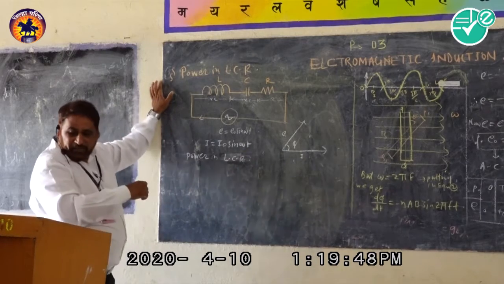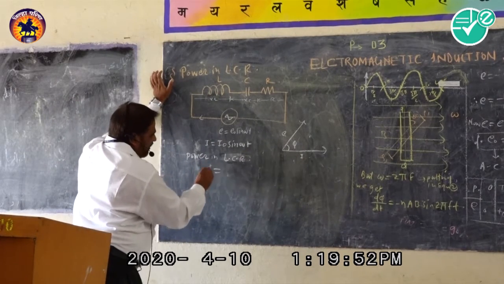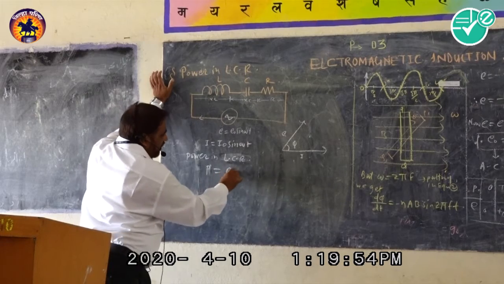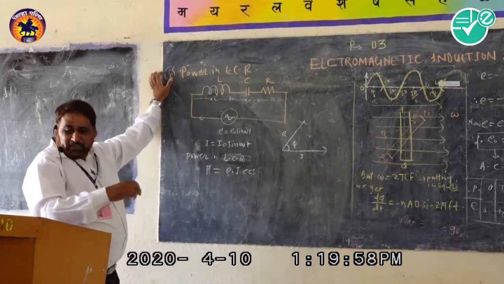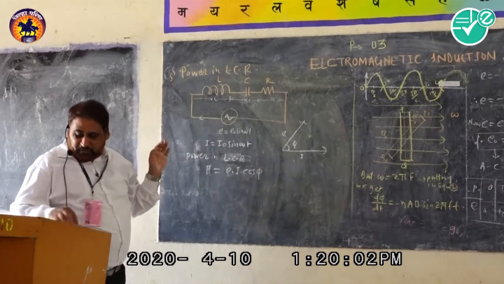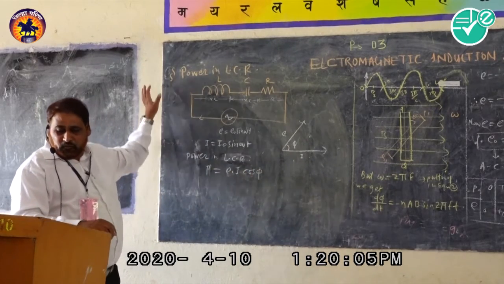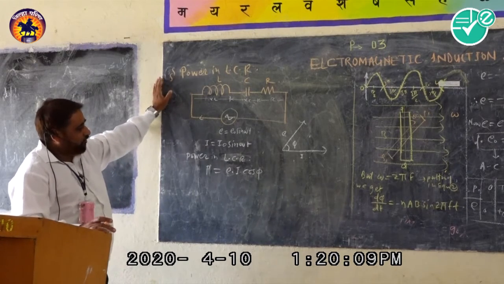It is given by P is equal to EI into cos of the angle between them, that is phi, the phase difference.